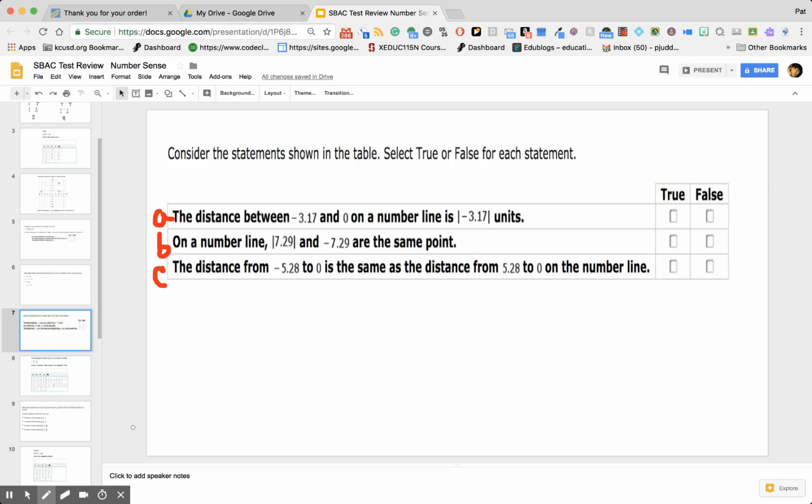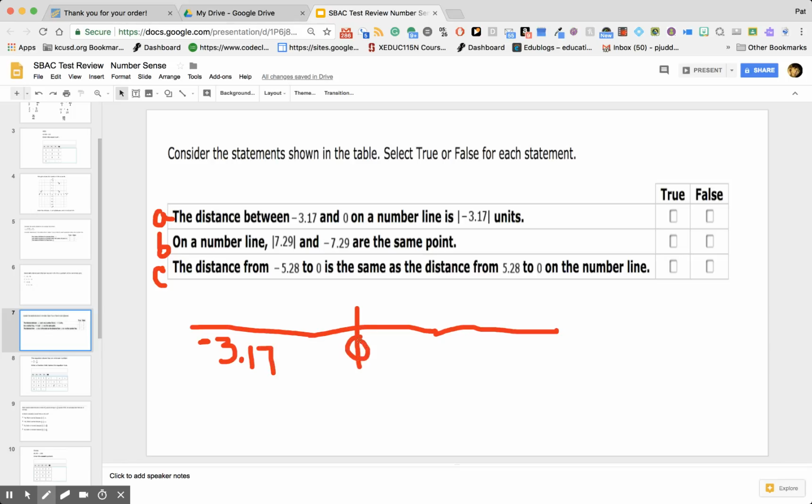Okay, so now the distance between -3 and 17/100ths and 0 on a number line is the absolute value. Keep in mind I'm drawing using the keypad. So if it looks kind of like not a straight line, that's why. So here's -3 and 17/100ths.